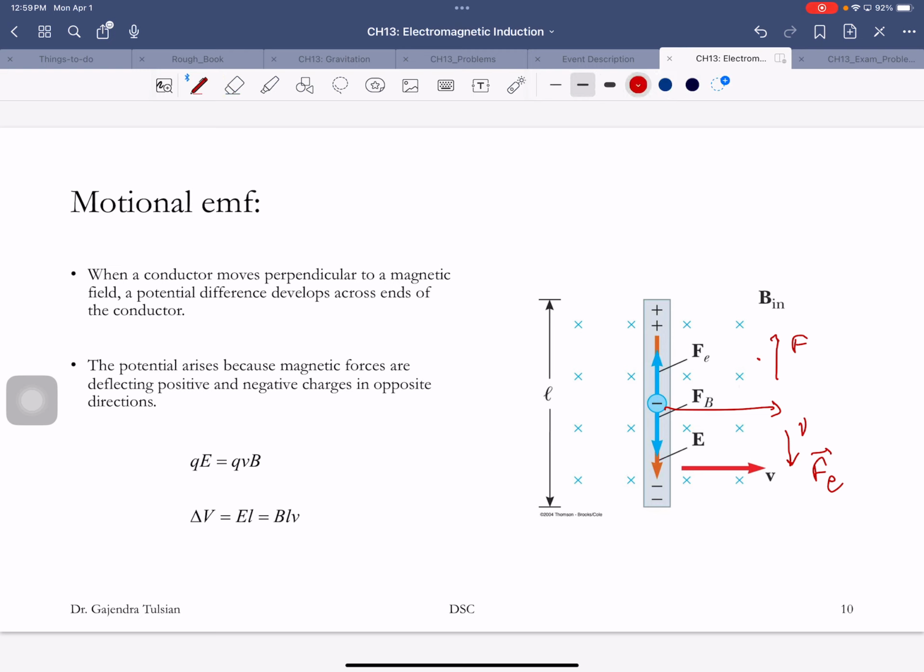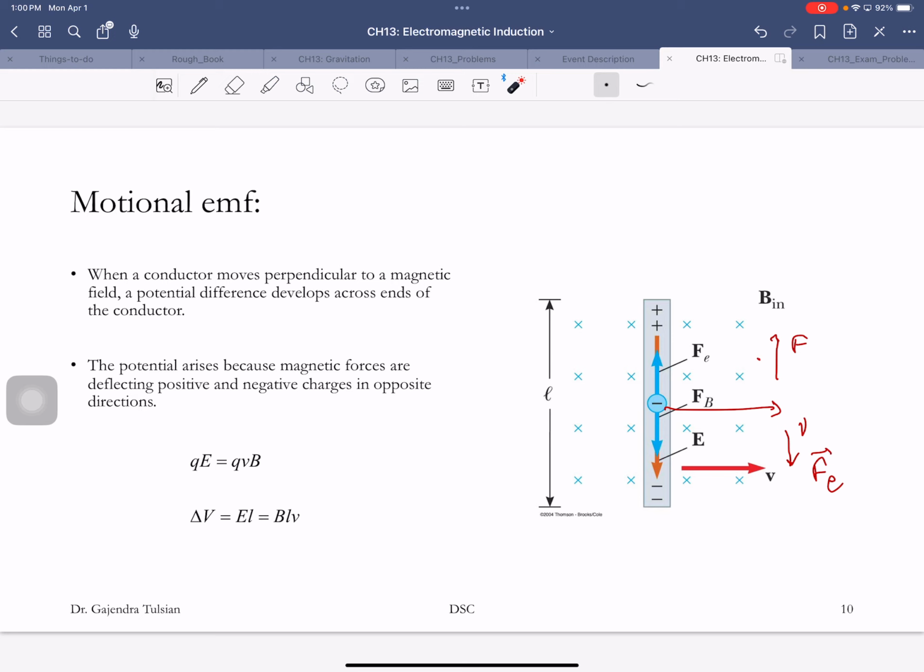So when you move the rod, electrons will collect at the bottom, and so this end becomes positive. Here's the magnetic force, and once an electric field is established, the electric field exerts a force on electrons in the opposite direction. When that force balances this force, no more electrons will move there. So that determines the voltage you develop.